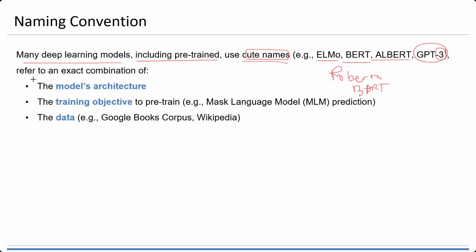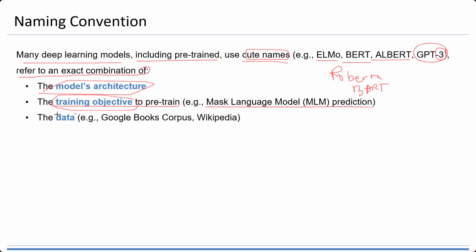Actually, it refers to the exact combination of model architecture, and then there will be a training objective to pre-train. So what is the training objective? It depends on the model. For example, if you use BERT, you can do masked language model, or MLM, prediction.